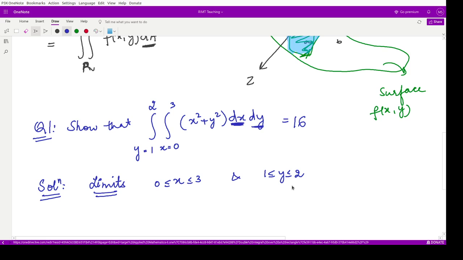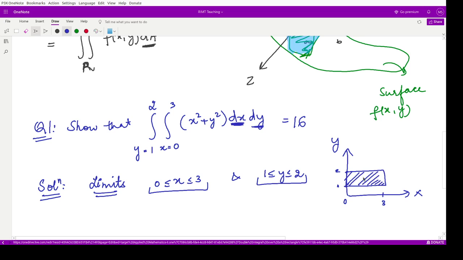So basically, now if you look at this, what is this? This is a rectangle, right? If this is x-axis, this is y-axis, and this is 0, and say this is 3, and this is 1, and this is 2. So basically your region is not this, your region is this one. So this is a rectangle. So over a rectangular region, it is very easy to calculate this double integration.